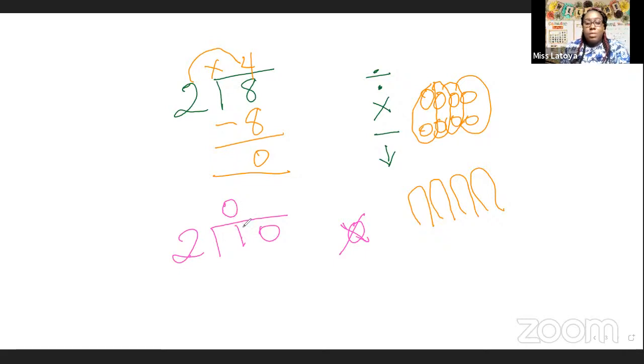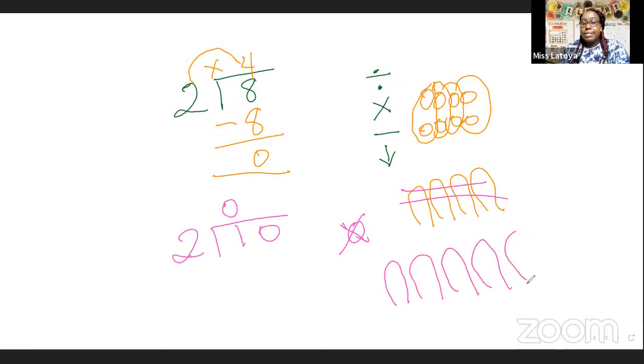Now I'm going to ask myself, how many times could 2 go into 10? 2 can go into 10 5 times. How do I know that? I can use my fingers and count in twos until I get to 10. Let's go. 2, 4, 6, 8, 10. How many fingers do I have up? 1, 2, 3, 4, 5. 2 can go into 10 5 times.